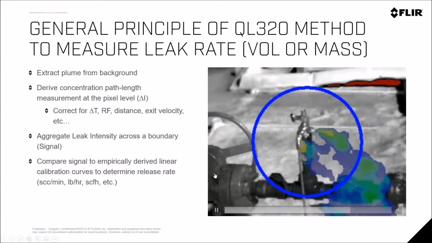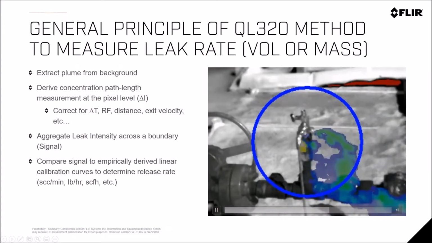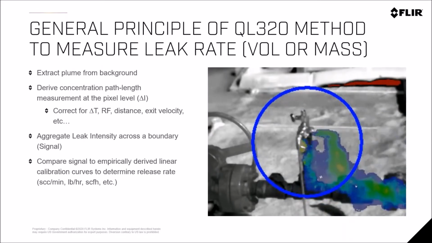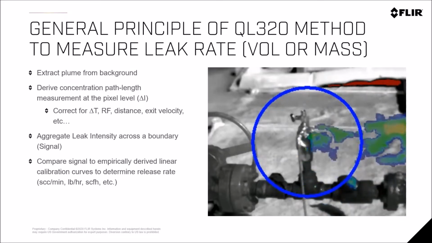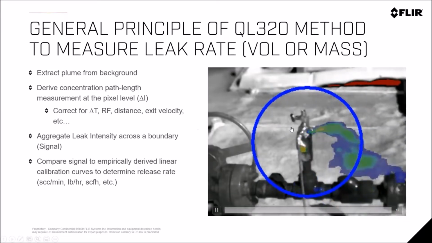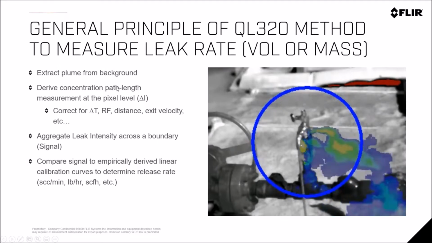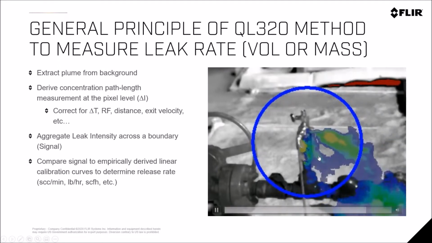The QL320 operates in 2 different modes. The first one is measuring volume or mass. In the volume or mass mode, what you're doing is extracting that plume from the background. You just tell the tablet itself, is this a black or a white cloud? Is this an emissive or is this an absorptive plume? As you're extracting that background information in the cloud, you're going to have what they define as the path length measurement.